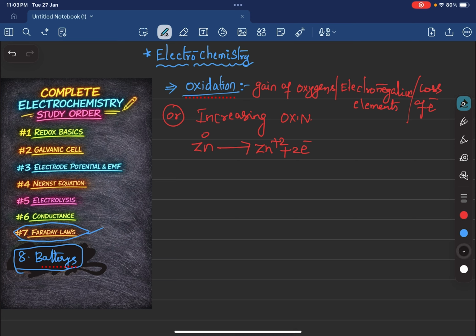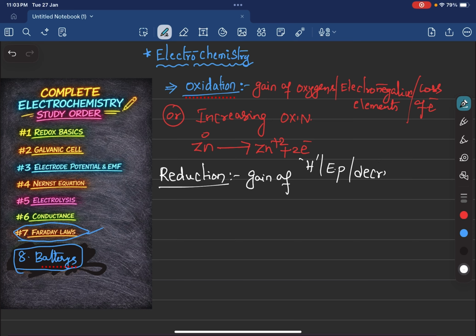Similarly, reduction is just the opposite of this: gain of hydrogen or electropositive elements, or decreasing oxidation number.